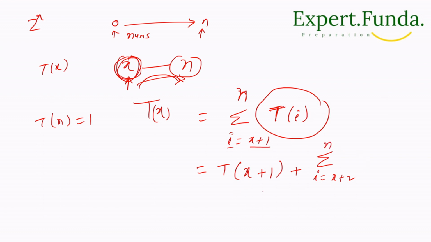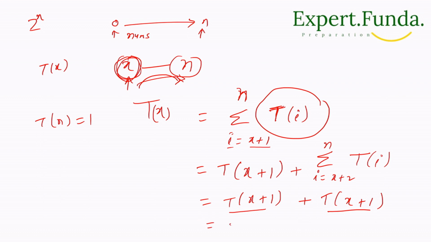We are taking the first position and this is the next position, right? So this T of I will remain the same, and we know that x plus 1, correct? So 2 times we are moving, and that's why we can say 2 into T of x plus 1.